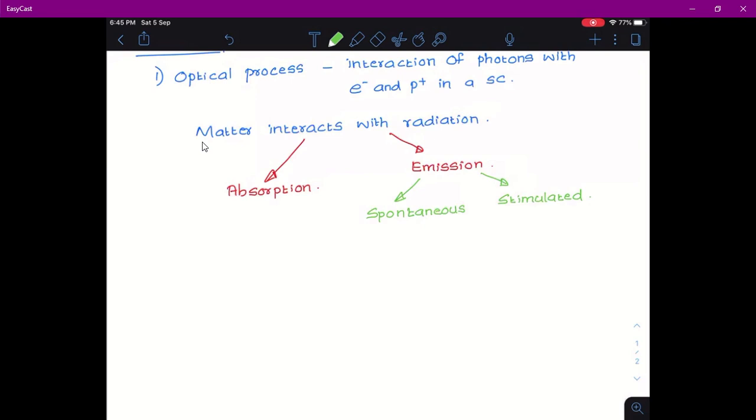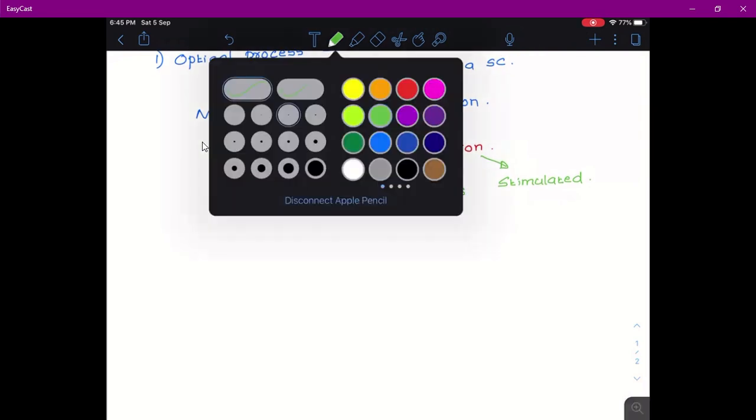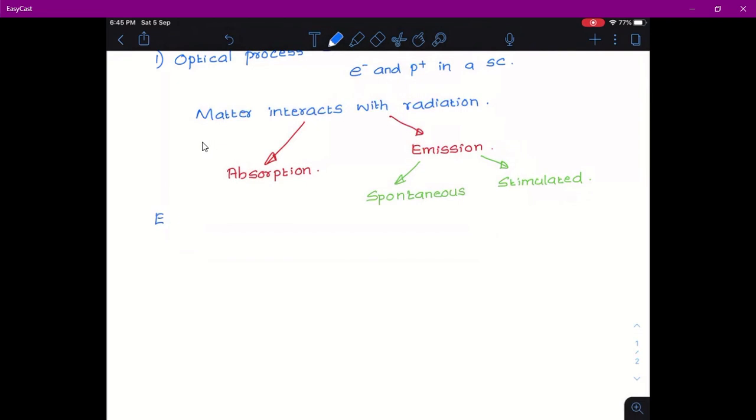And the important thing that we can note is all these interactions can be explained using the EK diagram, which we have studied in the last class. So, E means energy and K is basically wave vector, which has a relation with momentum. So, we say it is an energy momentum diagram.